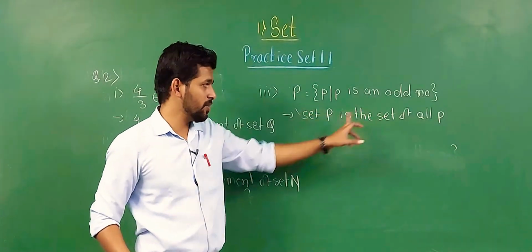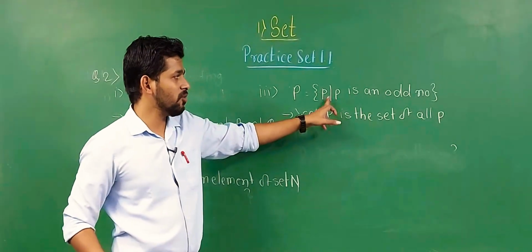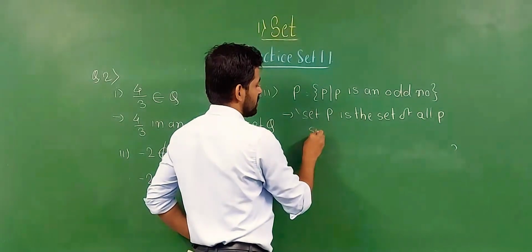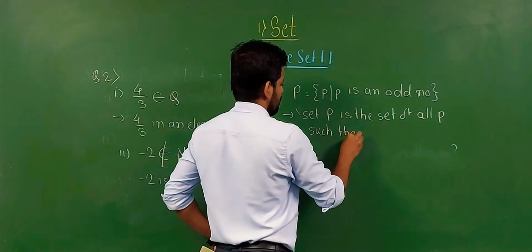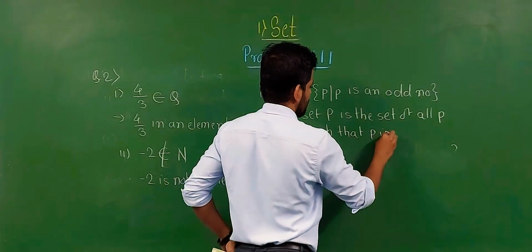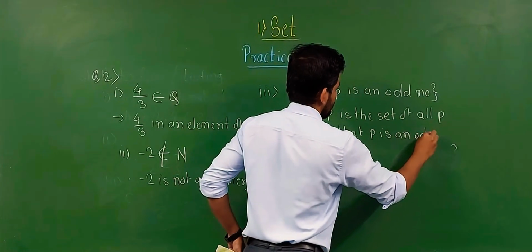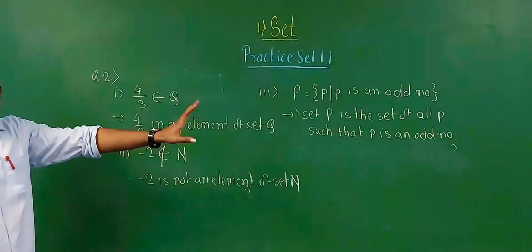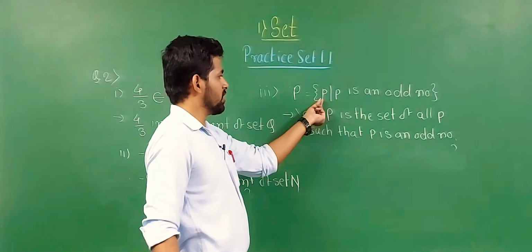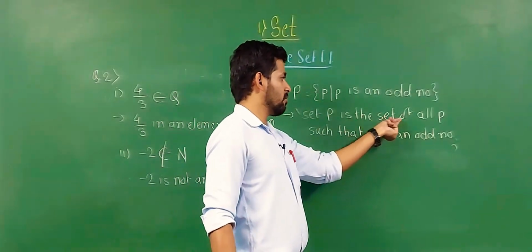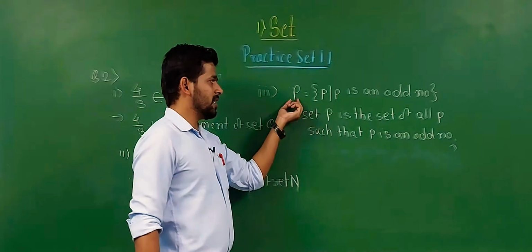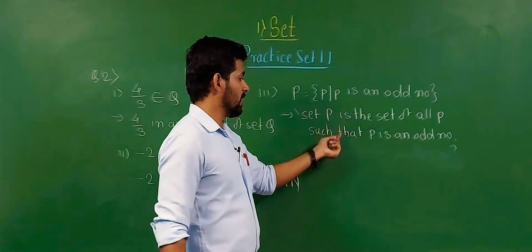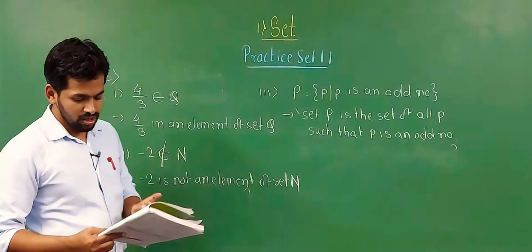Here the first P is capital and the next p is small. All p such that, the vertical line is read as 'such that', p is an odd number. Set P is the name of the set, the vertical line is 'such that', and p is an odd number.